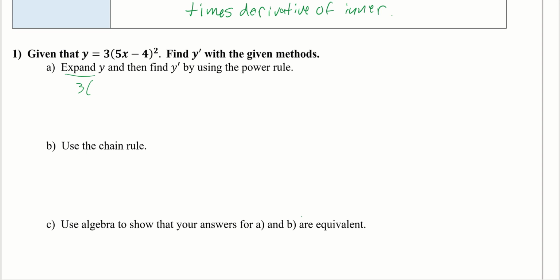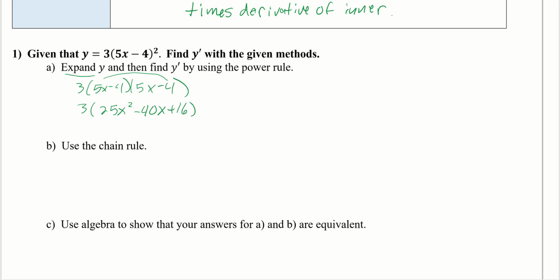So the first one says expand. We've got 3 times 5x minus 4, 5x minus 4, and we'll expand that out. So 3, we've got 25x squared. Since these are the same, you guys are smarty pants, that would be negative 20, so double that, negative 40x plus 16.